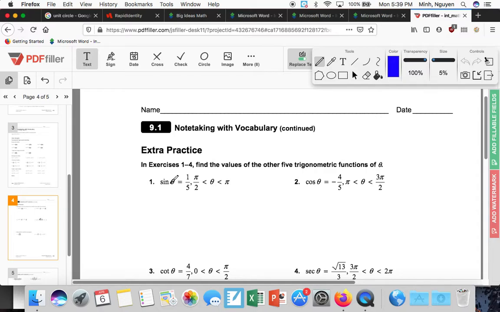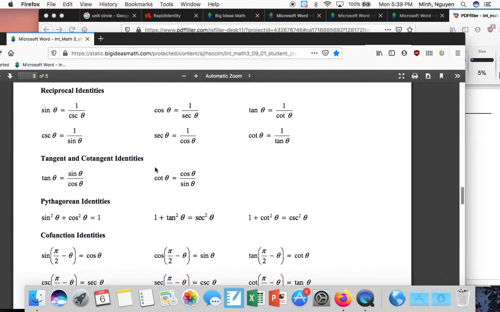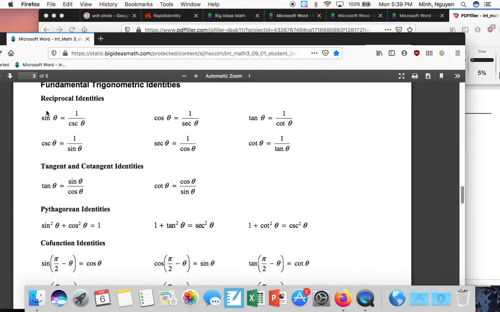Since we already have sine, and cosecant is the reciprocal of sine, then we will go ahead and find cosecant first. So if you don't know what I'm talking about, I'm saying the reciprocal identities. Sine is the reciprocal of cosecant and vice versa. Cosine is the reciprocal of secant and vice versa, and then tan and cotan.